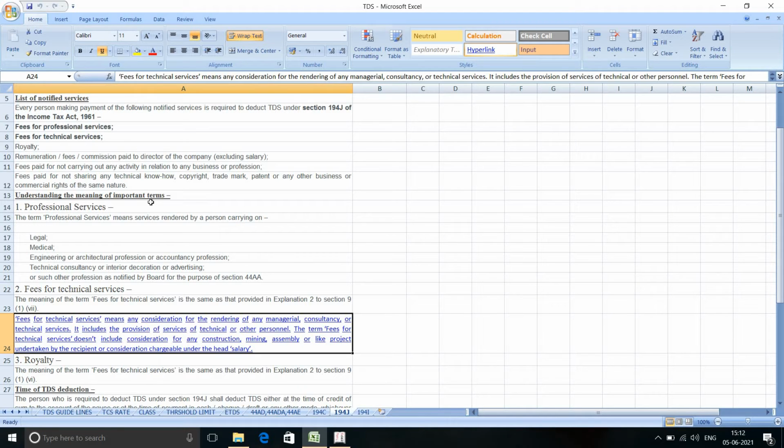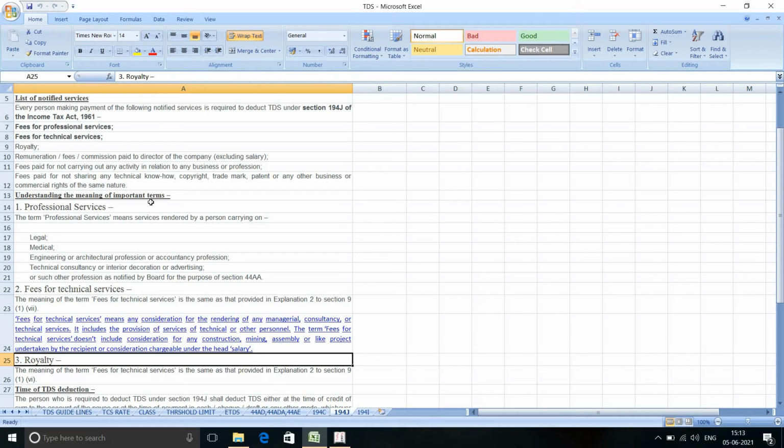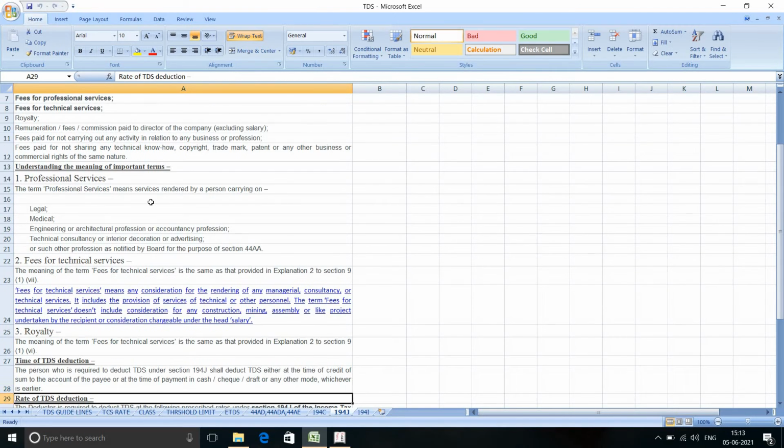It includes the provision of services of technical or other personnel. The term doesn't include consideration for any construction, mining, assembling or like project undertaken by the recipient, or consideration chargeable under the head of salary. These are not covered under 194J.